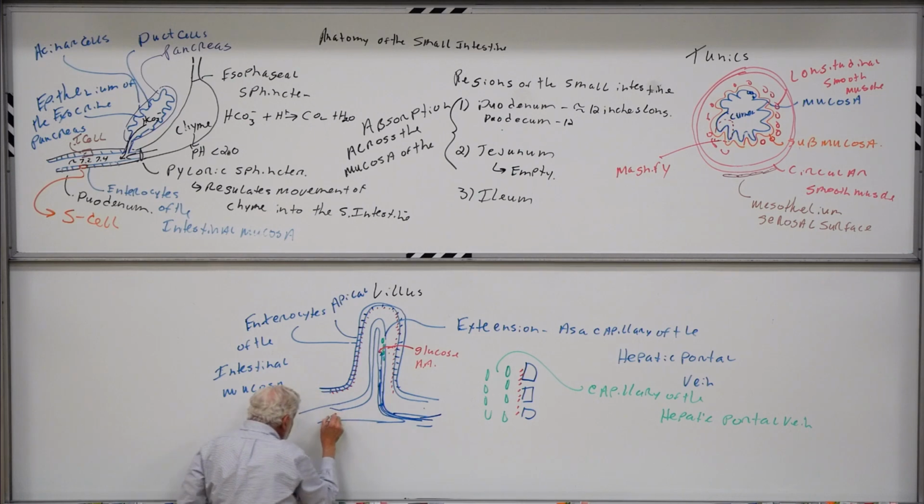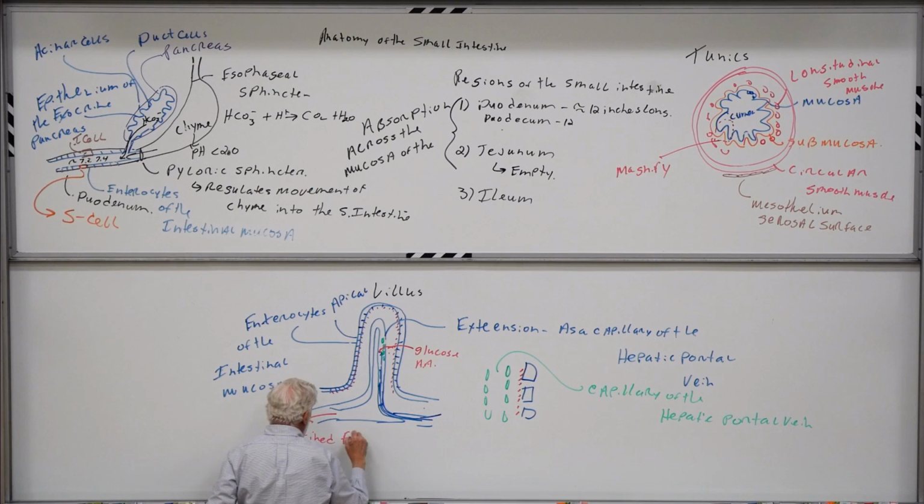The blood here in the portal vein is destined for the liver.